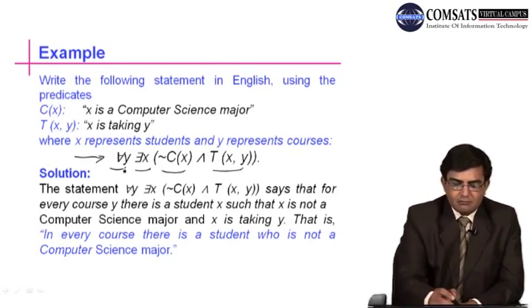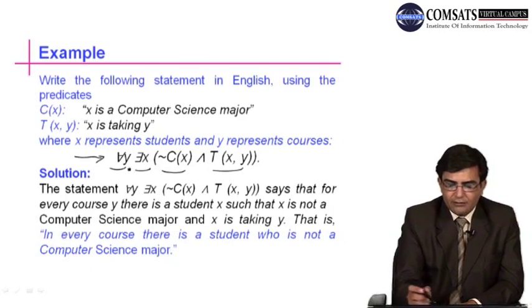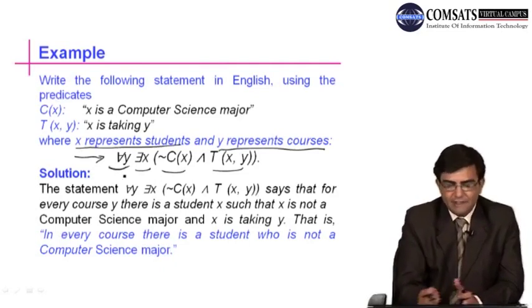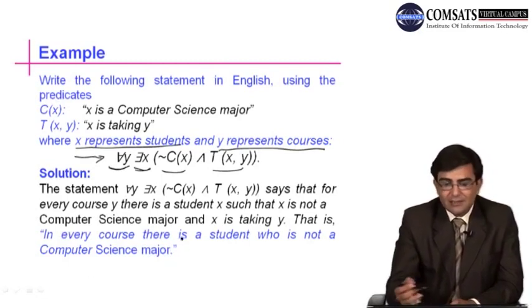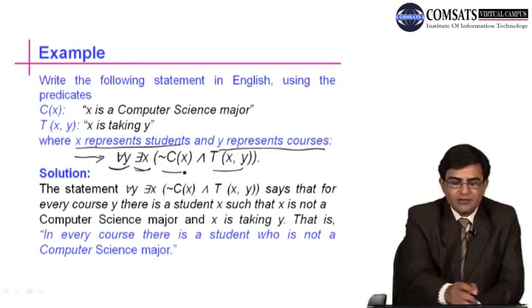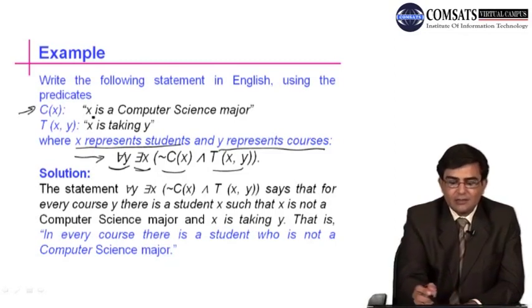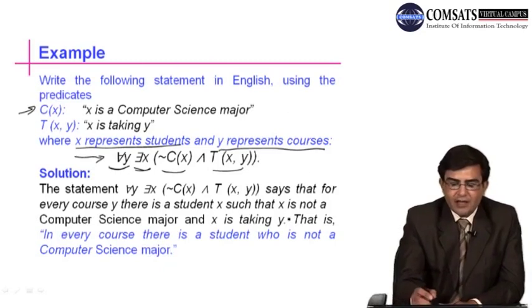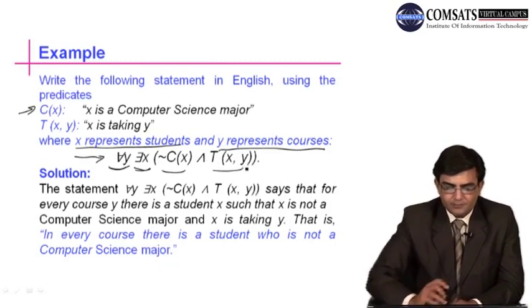For all y, the domain of y represents courses and x represents students. So for all y means every course, there is some x means there is some student, so that x is not a computer science major, because if C of x is a computer science major, then not C of x means not a computer science major, and T of x,y is x is taking y.